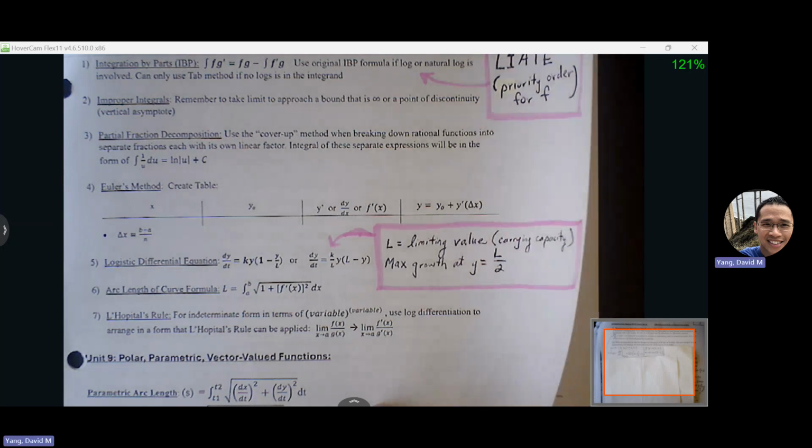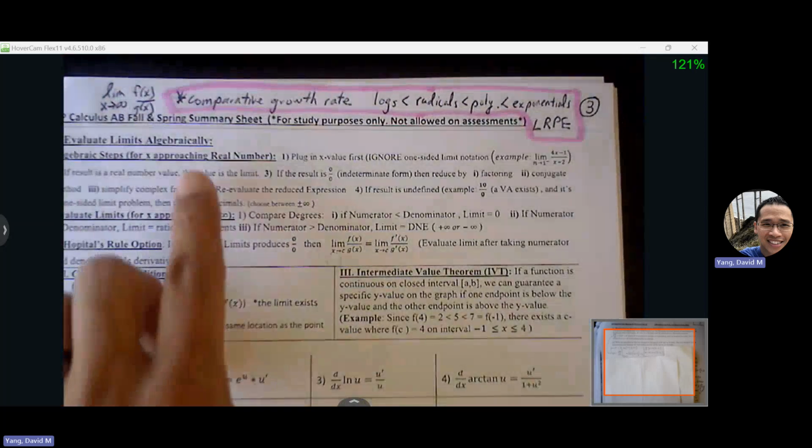And then one more thing, as I was doing a help session this morning, I think this is also helpful. On page 3, when we're dealing with limits, especially limits as we approach infinity, and we have 2 different types of functions, you go through L'Hopital's rule, but sometimes a little faster than L'Hopital's rule is using comparative growth rates.